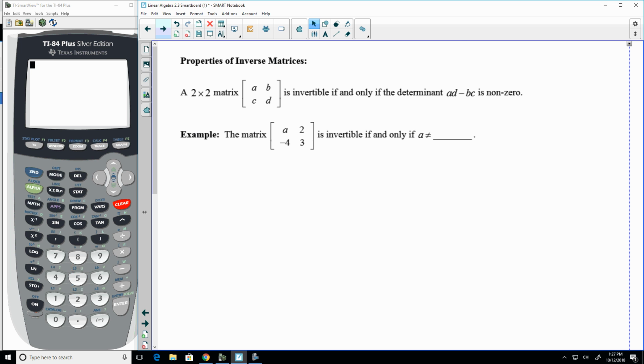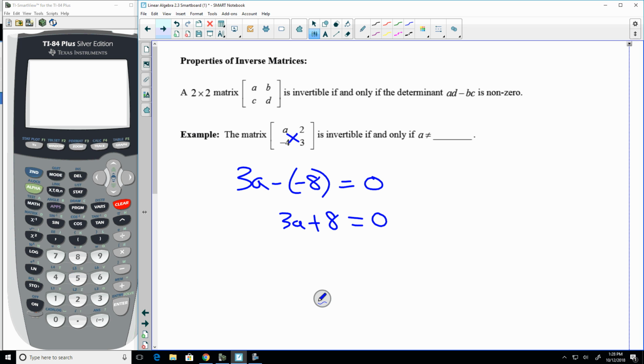So we just calculate the determinant, A times C, I'm going to subtract, which is negative 8. And I set that equal to 0. I'm going to solve that equation. So that's 3A plus 8. So 3A is negative 8, and A is negative 8/3.